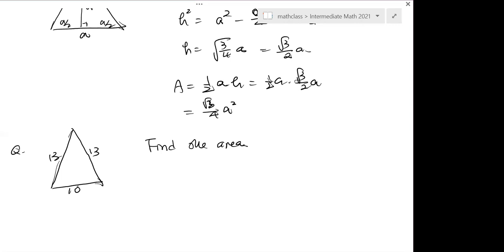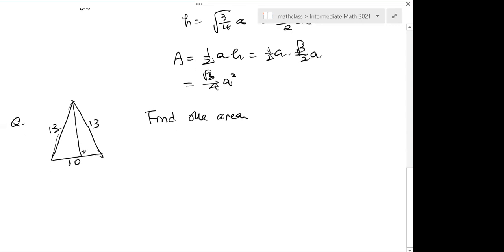If you are able to find the area of an equilateral triangle, you can use the same idea to find the area of this isosceles triangle. You draw the line. You still get two right triangles. You don't know the h, and this side is 13, this side is 5.